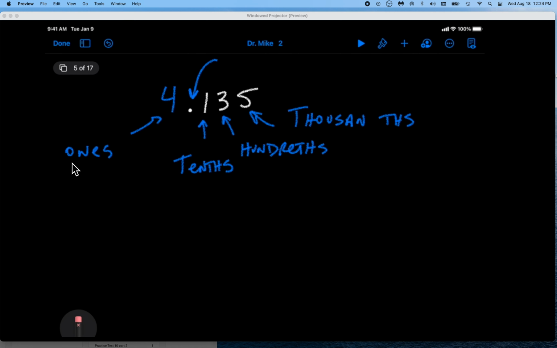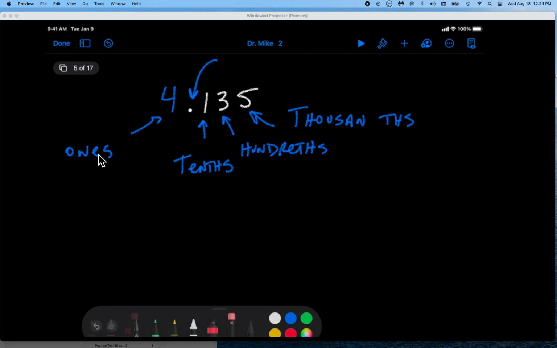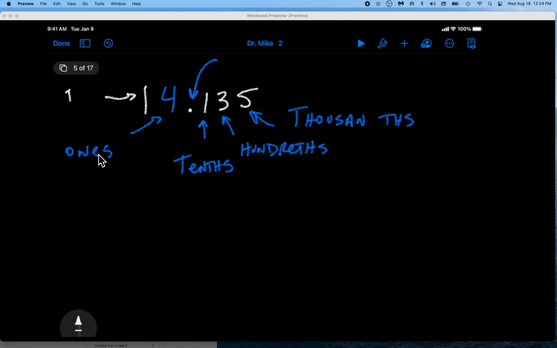Okay. Decimal place, as you move to the right in a decimal place, tenths, hundredths, thousandths. Here, this is part of a whole number. There's the ones position. If I were to add the number 1, that would be the tens position. Okay.